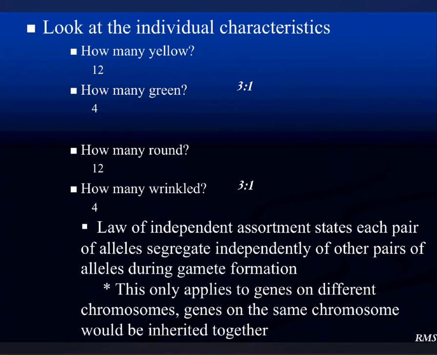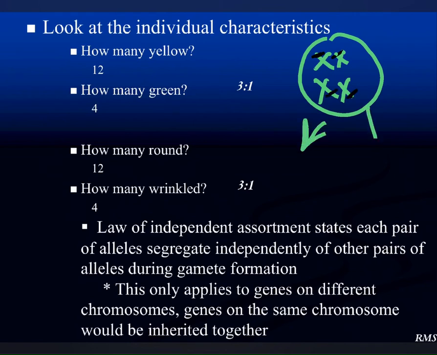So remember, if we look at more than one chromosome now, so let's say that we have homologous chromosomes and homologous chromosomes, and let's say that yellow, green are there, and let's say that round and wrinkled are there.